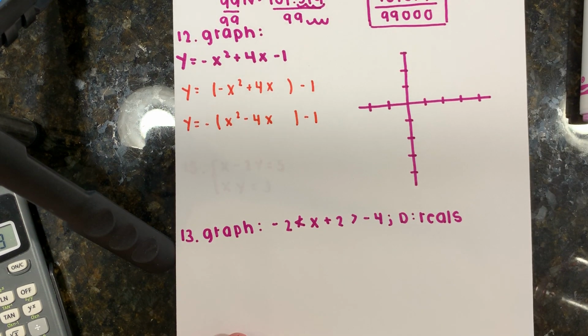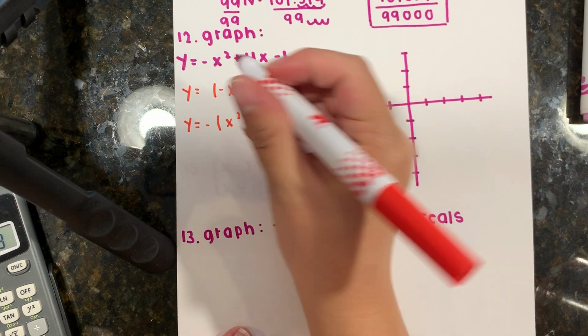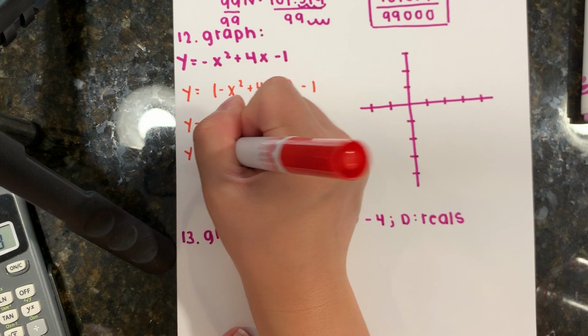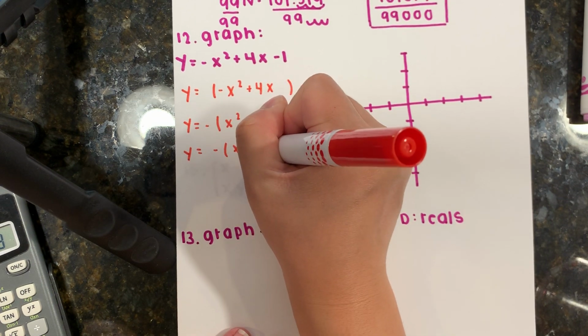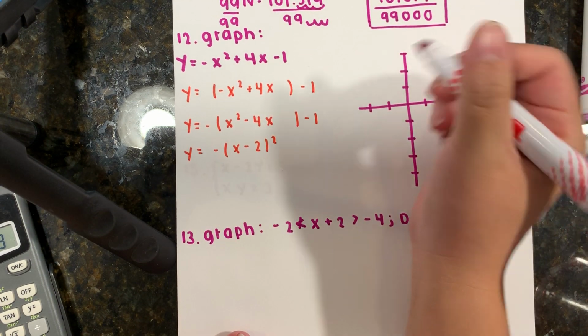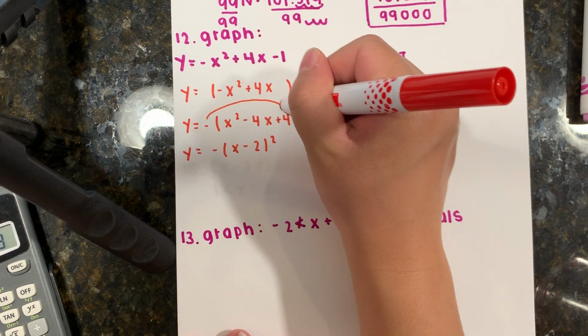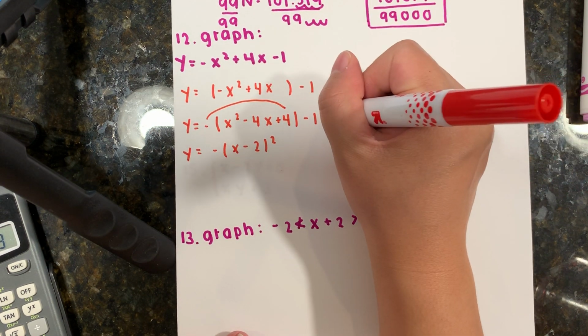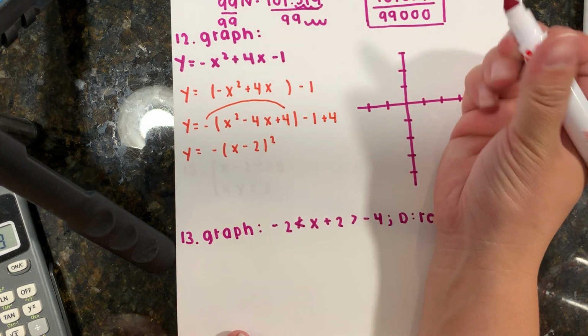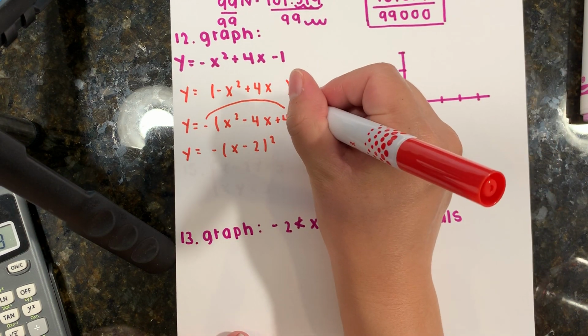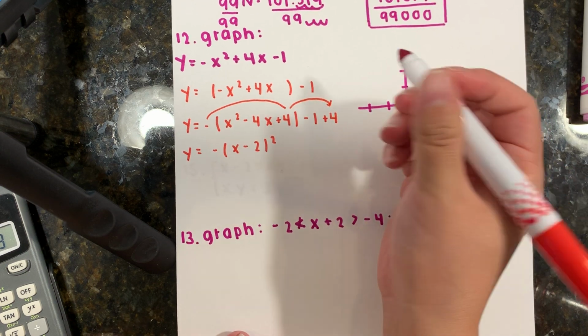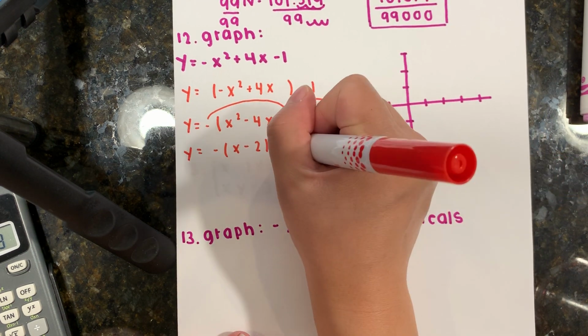You can't complete the square with something attached to your x squared. Now I'm going to take half of my negative 4, so that would be x minus 2 squared. When I square the 2, I'm going to add 4. But remember that this is actually a negative, so I'm actually going to add 4 to the outside as well, because you do the opposite to the outside. So 4 minus 1 would be 3.